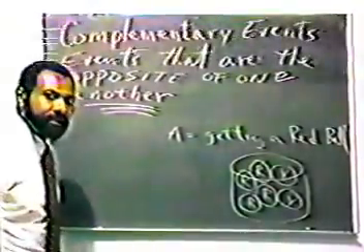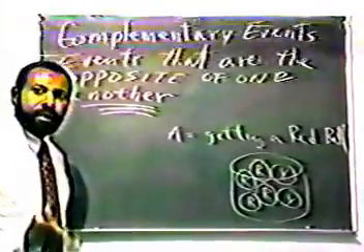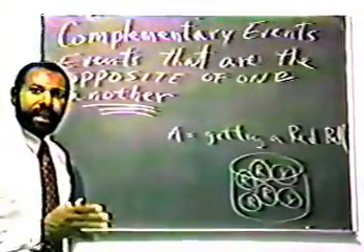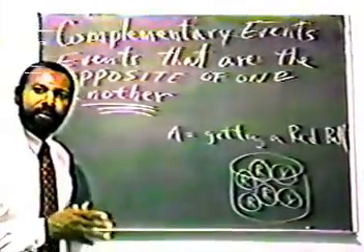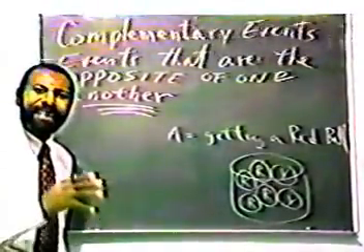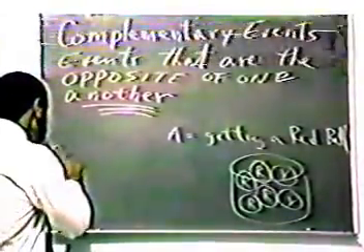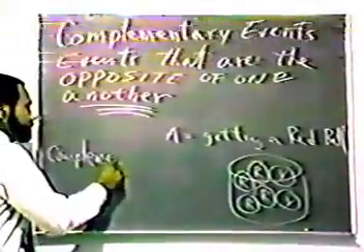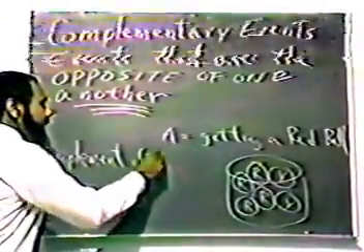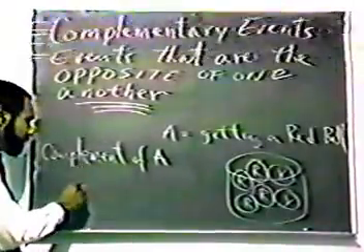The complement of event A is the opposite of event A. So if event A is getting a red ball, the complement of event A would be not getting a red ball. The complement of A, which we call A bar.